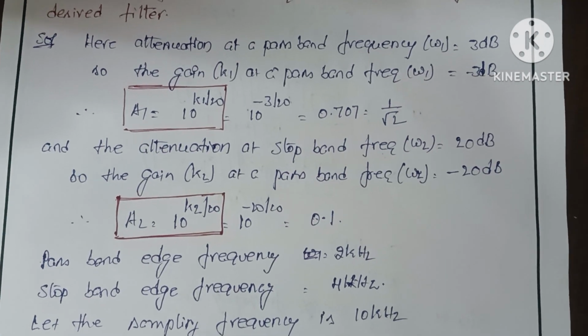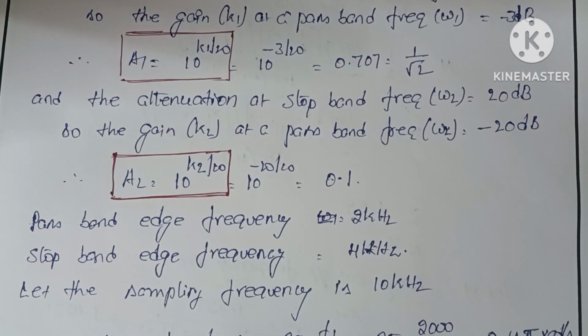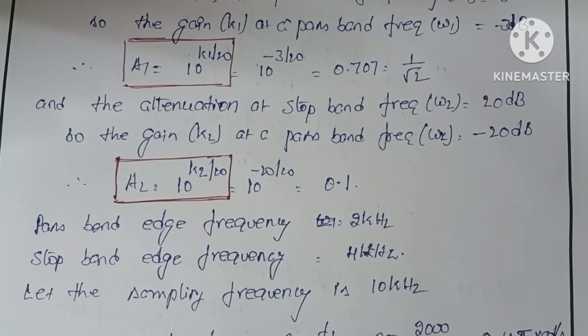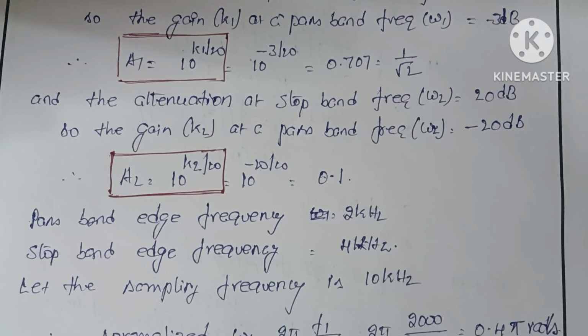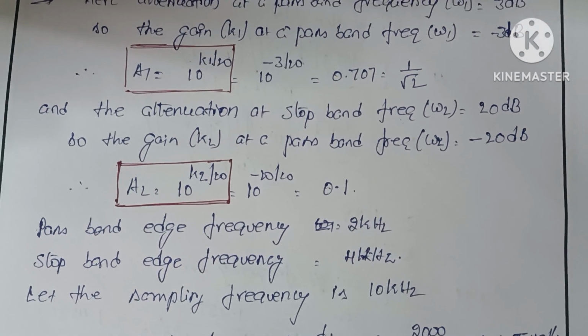Similarly, the attenuation at the stopband frequency omega 2 is 20 dB. So the gain K2 at the stopband frequency omega 2 is expressed with a negative sign as minus 20 dB.